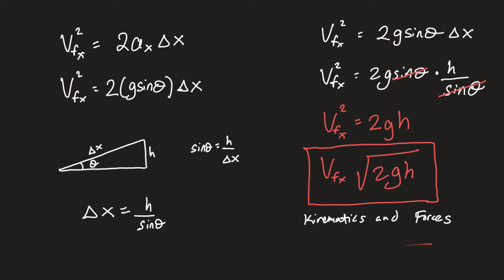And what it says is that as long as the heights of these inclines are the same, and of course g's the same, we're on the same planet Earth, right? As long as the height of the inclines is the same, they're both going to reach the same final speed when they get to the end of their respective ramps. Forgot the equal sign there, oops.